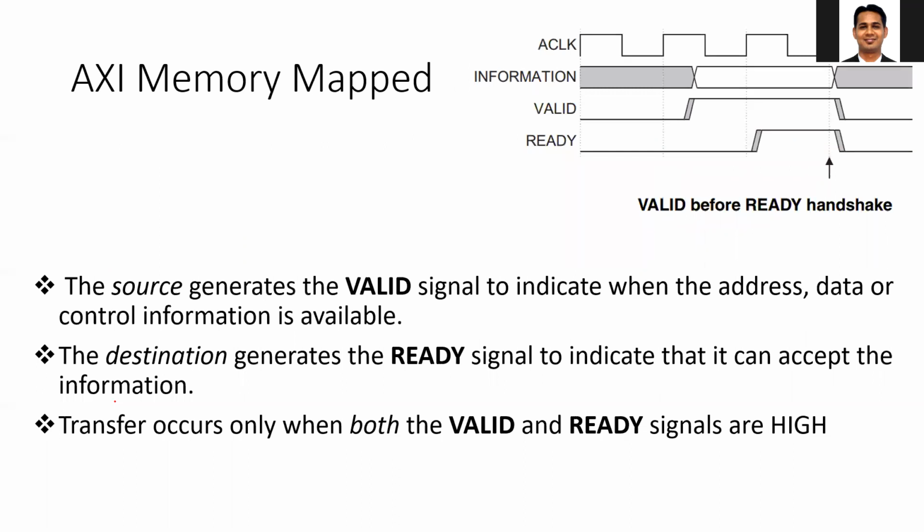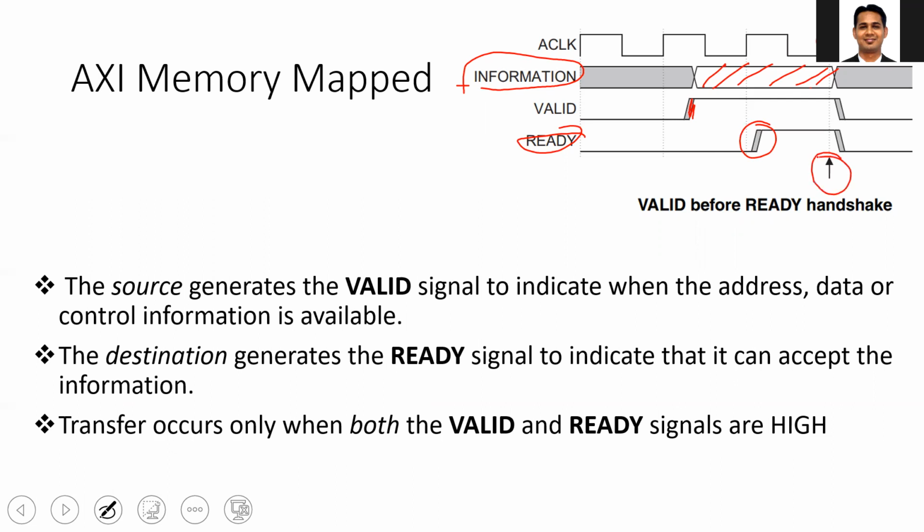For example, in this case, you can see that the information source has put the information on the information bus at this point, because at this point the information source has made valid equal to 1. Then the destination has become ready at this point, and at the next positive edge of the clock, the handshake happens and the information is assumed to be transferred from the source to destination. Who is the source in the write response?